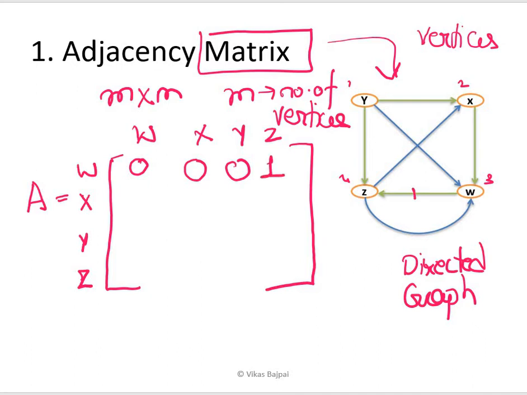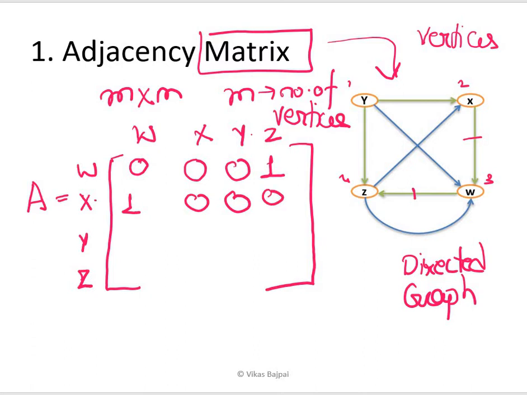Now from x to w, yes, we have this, so we are adding 1. Any self loop from x to x? No, so I'll keep it 0. From x to y, no. From x to z, no, 0.